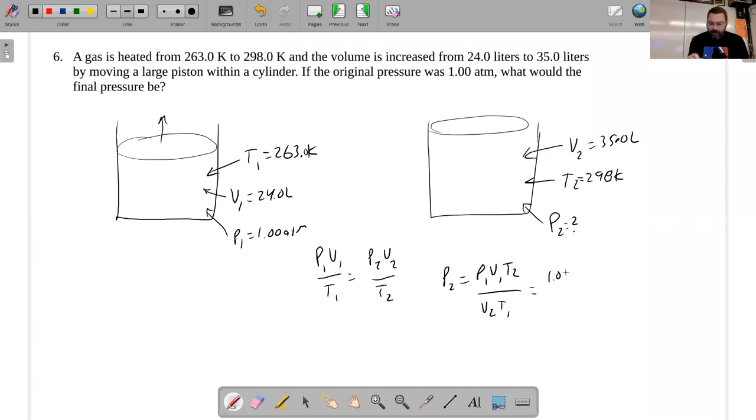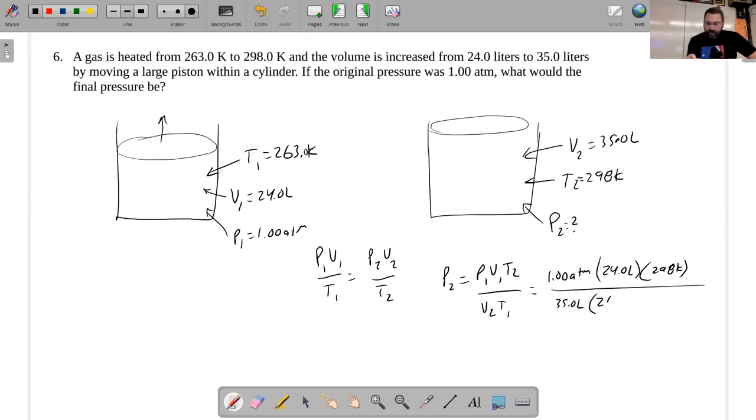Starting pressure is 1 atmosphere. So the answer is going to be in atmospheres, because that's the unit for pressure here in P1. V1 is 24 liters. T2 is 298 Kelvin. V2 is 35 liters.